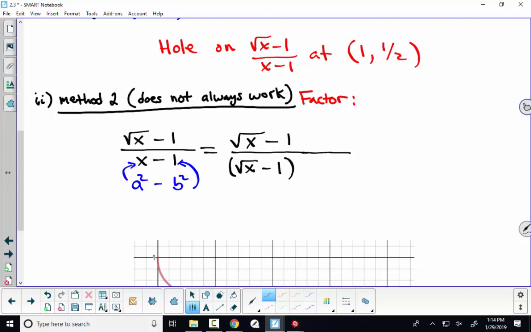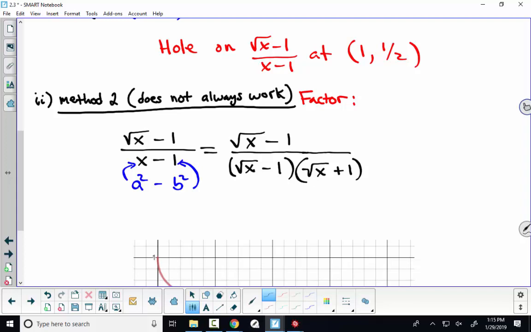If b squared is 1, that means b is 1. So we have a minus b times a plus b. Y'all agree that's how I can factor x minus 1 in that manner?